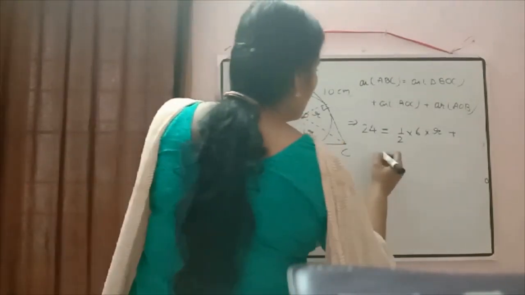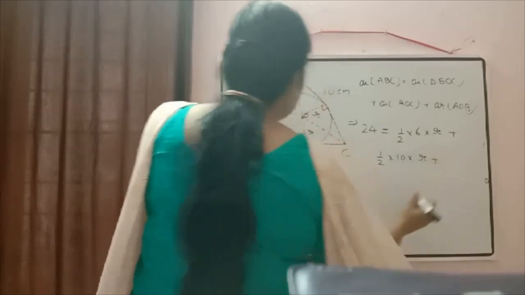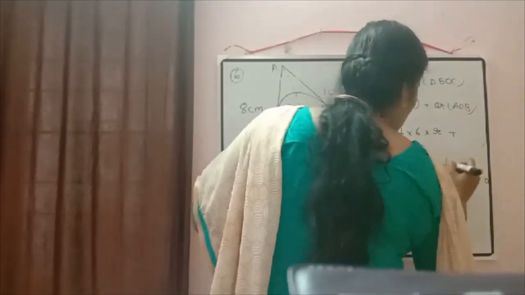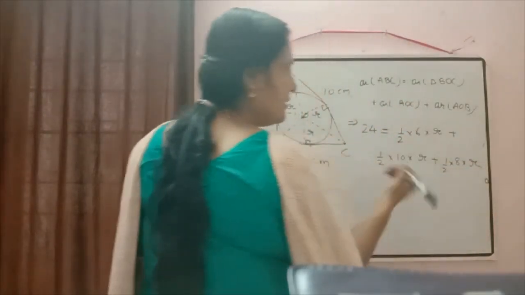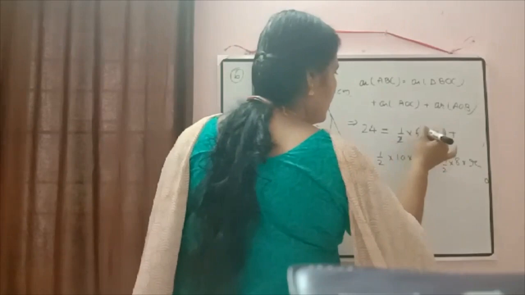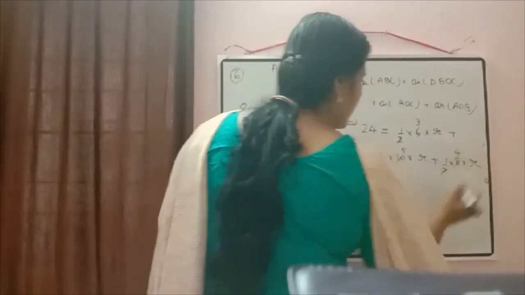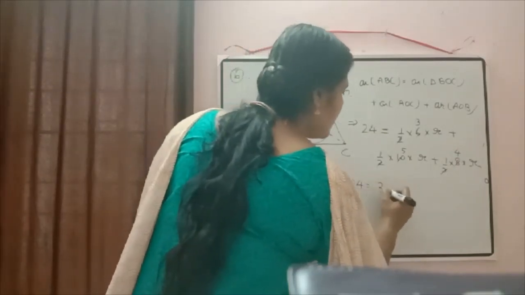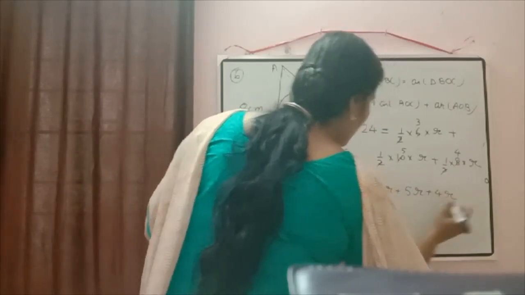Area of triangle AOC, half into 10 into radius plus area of triangle AOB, half into 8 into radius. Now since all are divisible, so we can cancel here everything by 2. 2 3s are 6, 2 5s are 10, 2 4s are 8. So what we are getting here, 24 is equal to 3R plus 5R plus 4R.